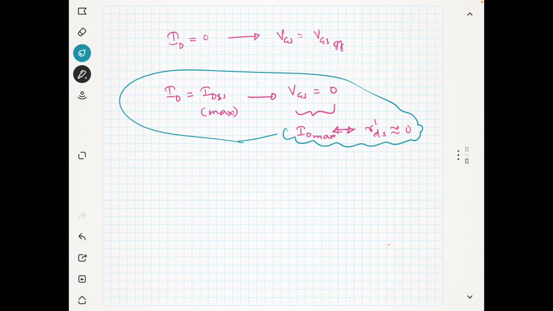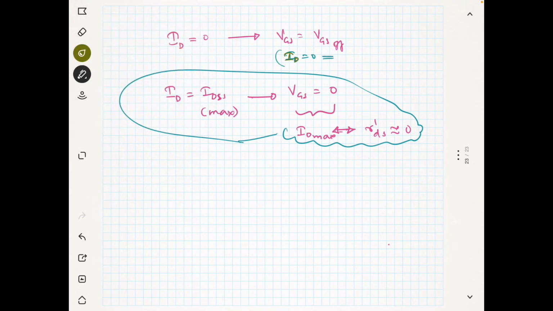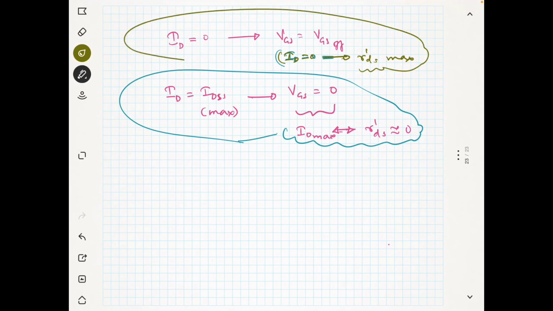In this condition, it means that the resistance is maximum. That means R dash ds is maximum. So this is the condition.